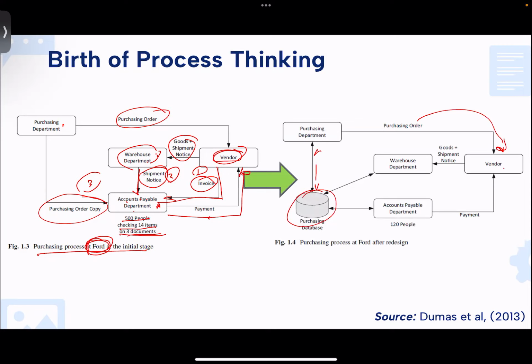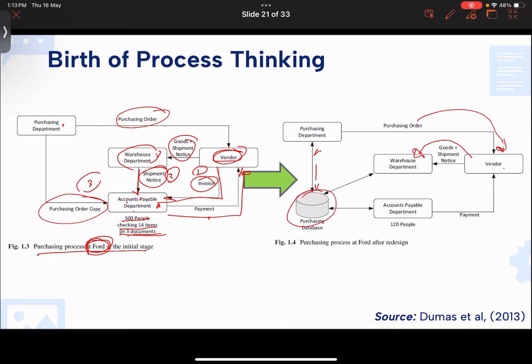The vendor will be sending the items to the warehouse department. So they don't need to send an invoice to the accounts payable department. Once the warehouse department receives the items, they will update it in the purchasing database, and the accounts payable department can access it and identify whether the vendor has sent the items based on the purchase order. If it is okay, they can proceed with the payment. So now this process has been redesigned in a way that has been simplified. Okay, so that's how process thinking works.